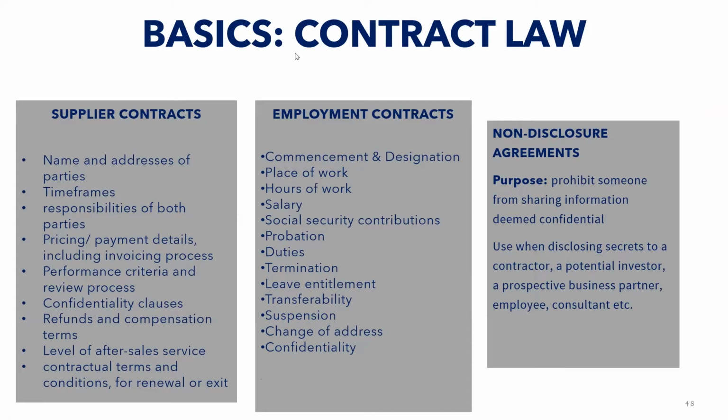A supplier contract can be in relation to a construction or something like that. So what are their responsibilities? Are they supposed to buy the material, or am I providing the material? So you set out their very basic responsibilities. Then with regards to pricing and payment details, pricing is very important, and you need to put that in. Also, any other quality requirements that you have.